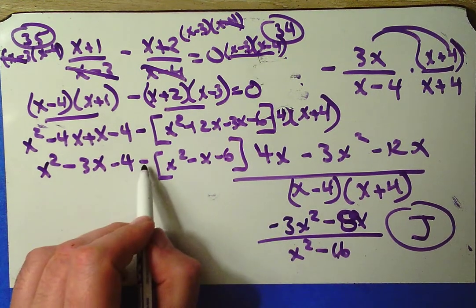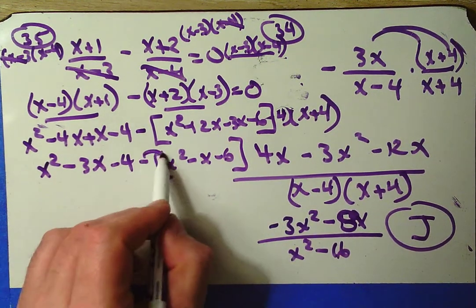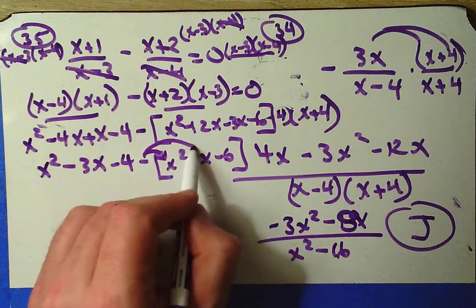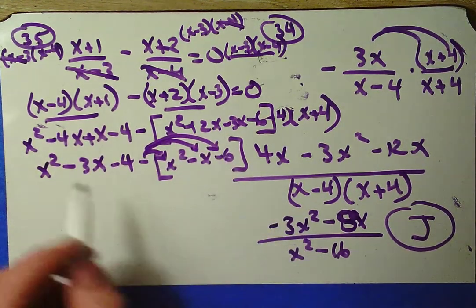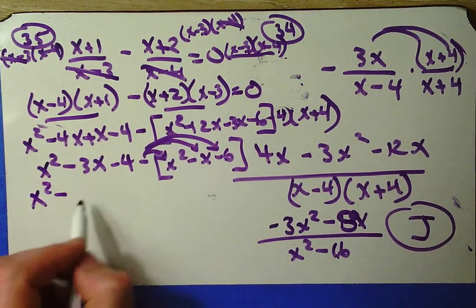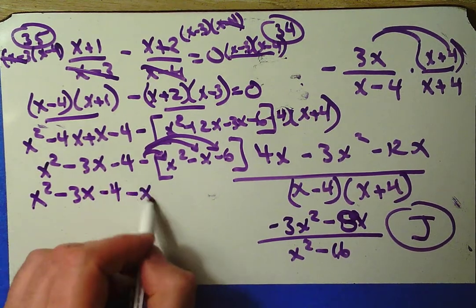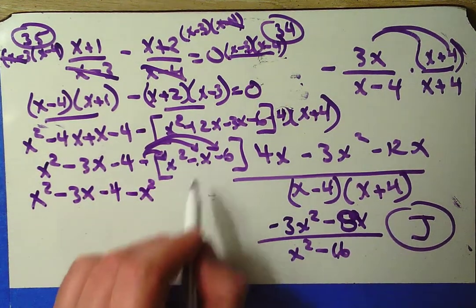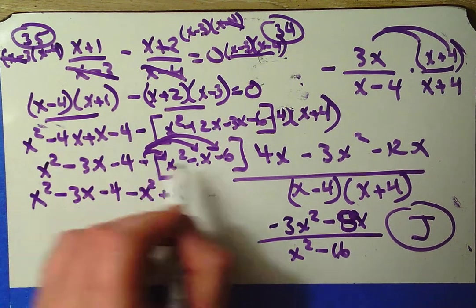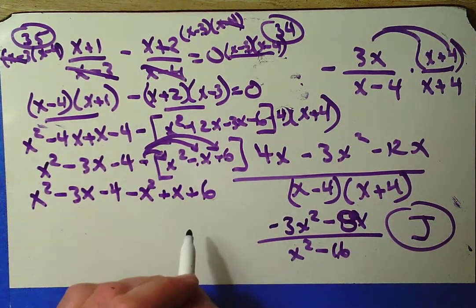But see how there's this negative in front that needs to be distributed not just to the x squared, but also to these other two here. So I'll end up with x squared minus 3x minus 4 minus x squared, a minus a minus is plus x, a minus a minus is plus 6.